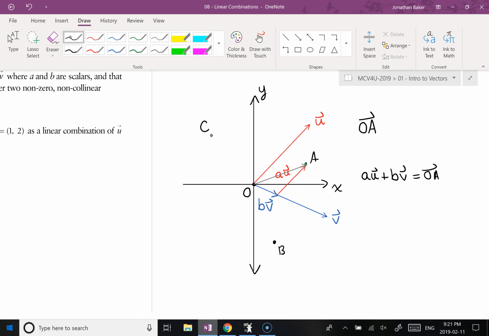So, how could we get to point B? Let's say we wanted to come up with OB. Well, it's the same idea.